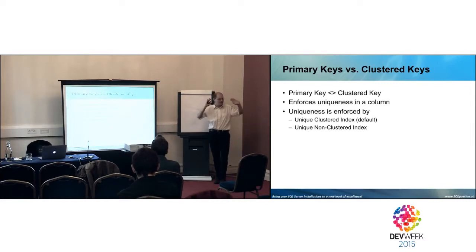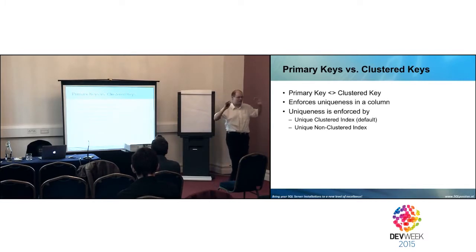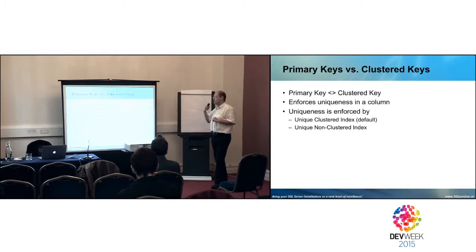Nothing more. And SQL Server by default enforces that uniqueness with the creation of a unique clustered index in the background. Means every time we specify our primary key constraint, SQL Server creates in the background a unique clustered index for us. Nothing more. The primary key constraint is on the logical level, and SQL Server enforces that primary key constraint on the physical level with a unique clustered index.